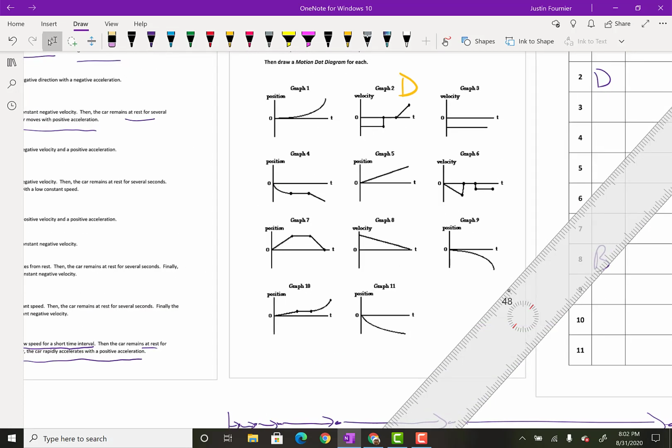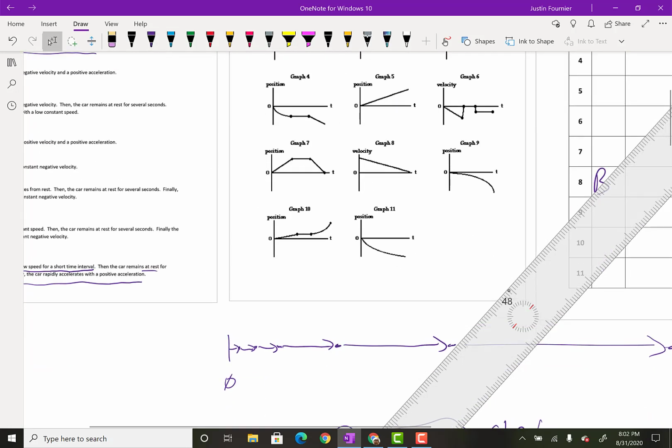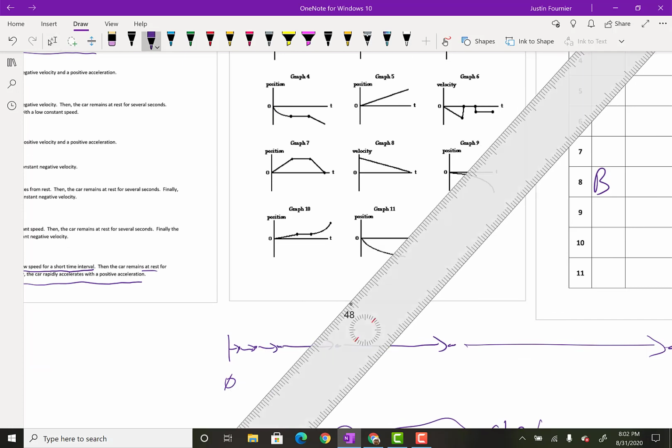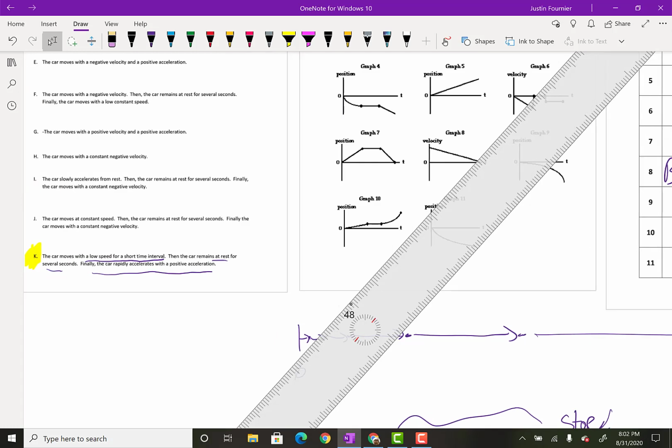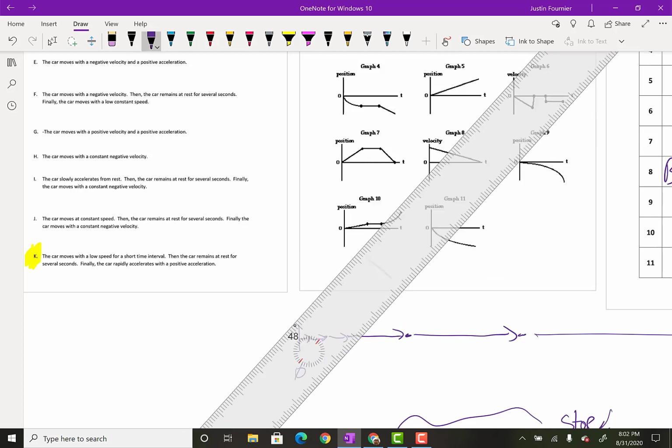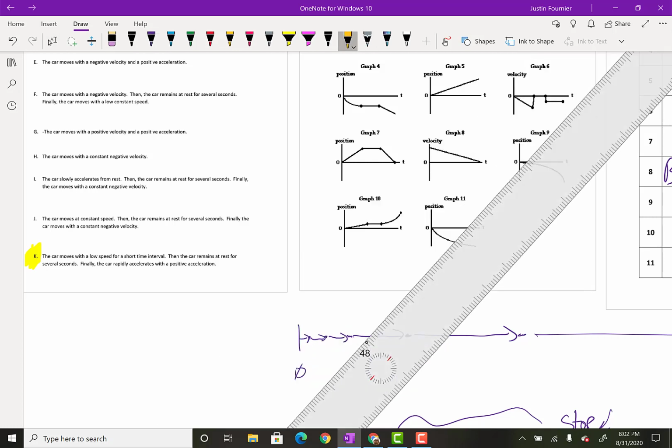I could mull through a lot of these, but graph 10 fits best. A lot of these graphs you'll think, this fits, this fits, but some of them are very subtle, and that's what's good about this activity: you have to really pick out the correct motions. You'll have to eliminate options by picking apart the details. Graph 10 is going to work best here.